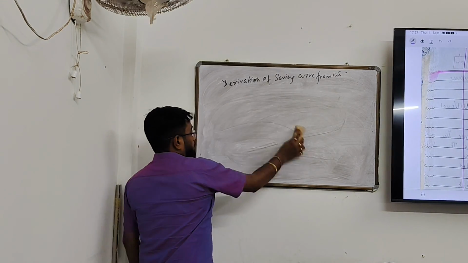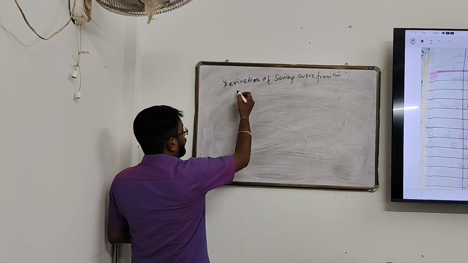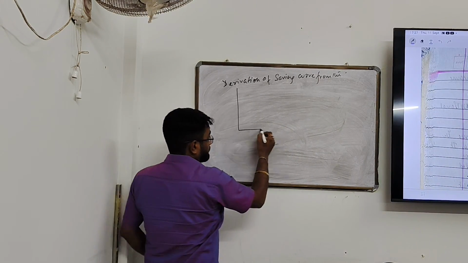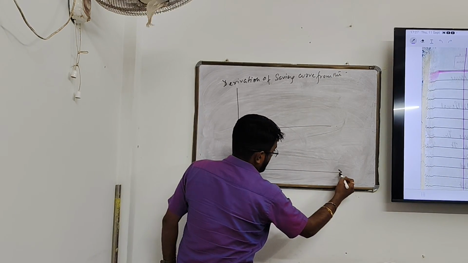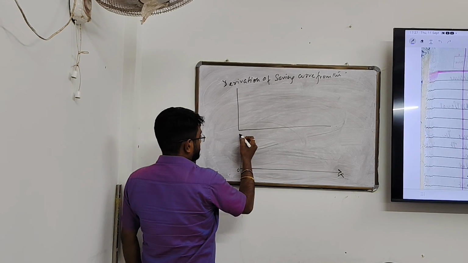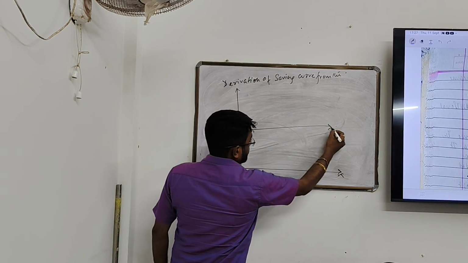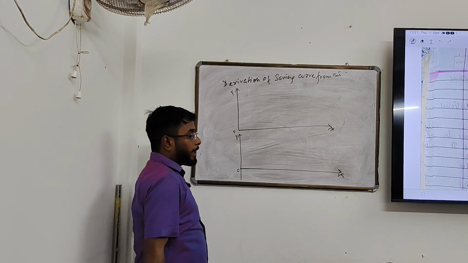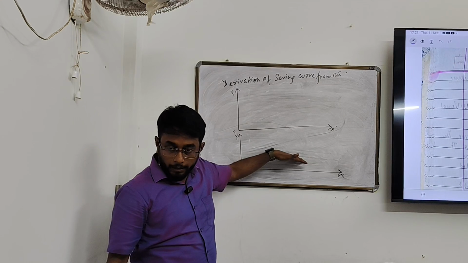Now let us see diagrammatically how this is derived, and for this we will draw two diagrams. Here are the two diagrams: upper panel, lower panel.